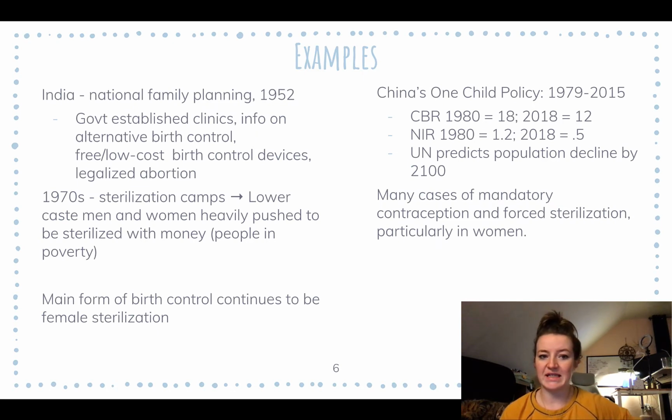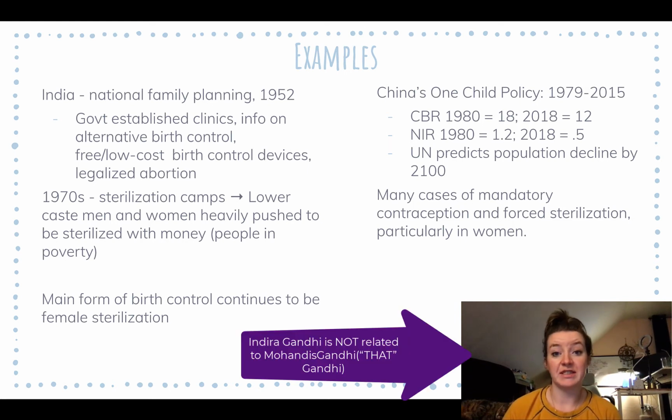So we have a couple of really common examples. The first one is India. India introduced a national family planning program in 1952. So the government established clinics, they gave info on alternative birth control, they gave free or low-cost birth control devices, and they legalized abortion. In the 1970s, they opened sterilization camps largely under Indira Gandhi.